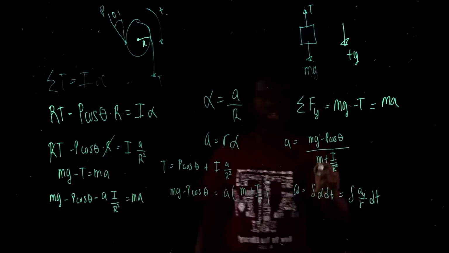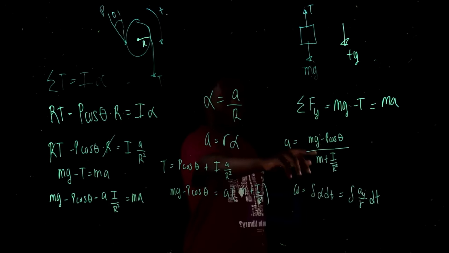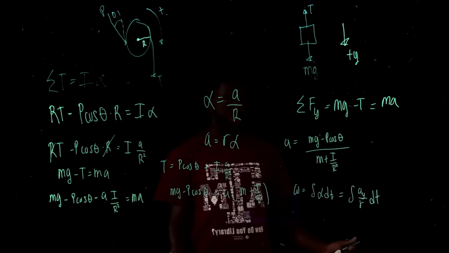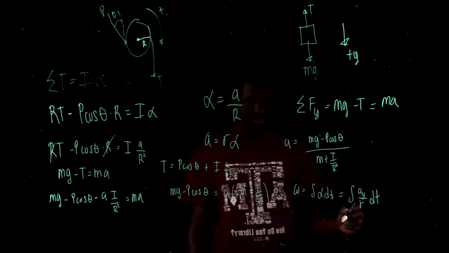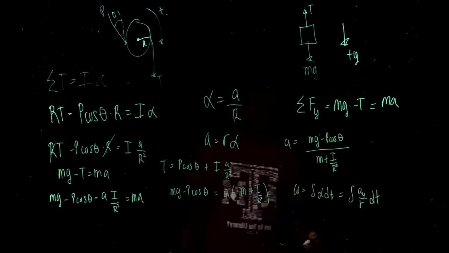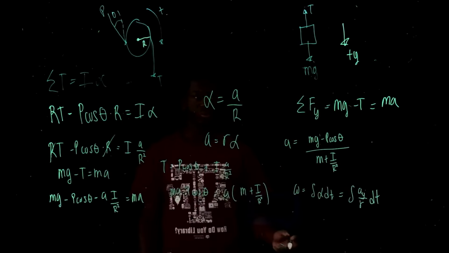So all you gotta do is divide this by R and take the integral with respect to t. The R for this is gonna be capital R. So we're gonna divide it by capital R, and we're gonna take the integral.